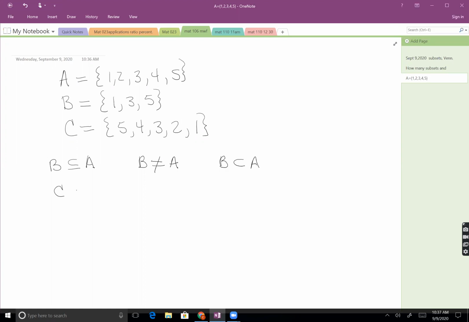Yes. Is C a subset of A? Is everything in C inside of A? Yes. Does C equal A? Do they have the exact same elements? Yes. So C is not a proper subset of A because they're equal.